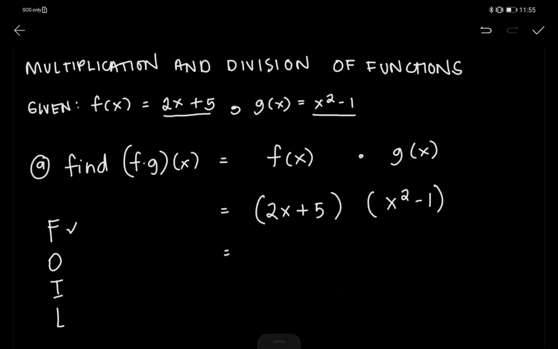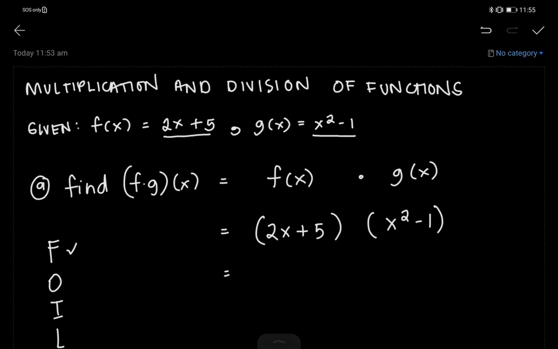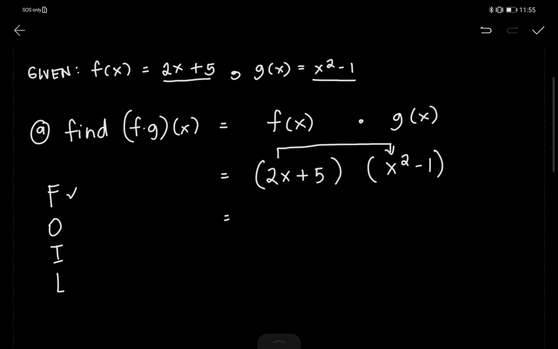Meaning, we're going to multiply the first term of the two binomials, which is 2x multiplied to x squared. So this is equal to 2x cubed. Then outer, meaning we're going to multiply the outer terms of our two binomials, which is 2x times negative 1.